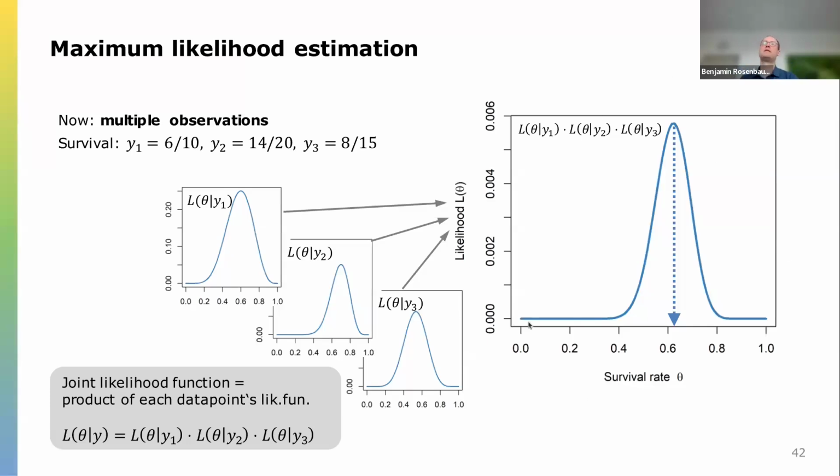So you want to find, again, the value of the average survival rate which maximizes this joint likelihood function. And this will be your maximum likelihood estimate for the whole data set, which then has multiple observations. So a joint likelihood is always the product of each single data point's likelihood function.